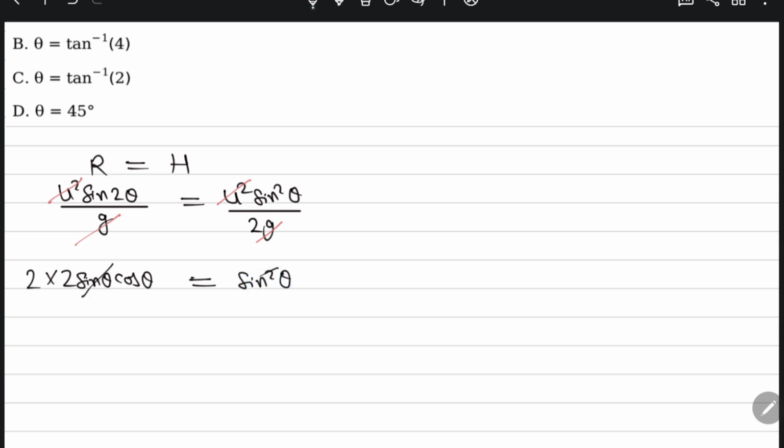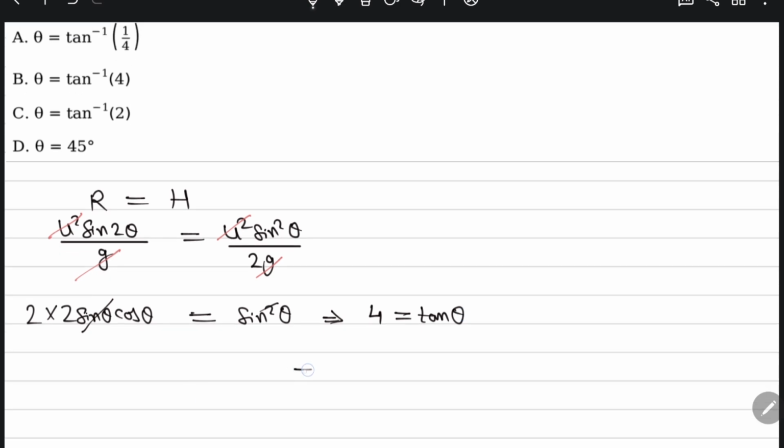So sine theta cancels. So here what is left is 4 is equal to tan theta. So theta is equal to tan inverse 4. So tan inverse 4.